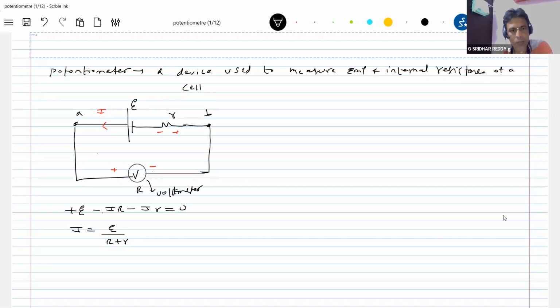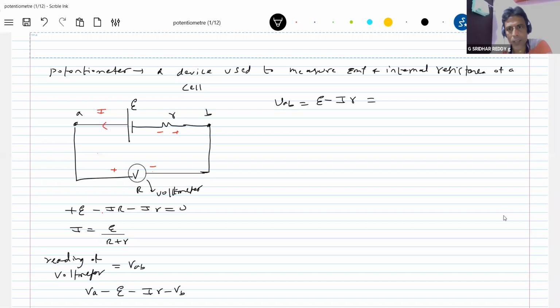Then what is the reading of the voltmeter? The reading of the voltmeter is VAB. So can we calculate VAB? By writing the loop equation, VA minus E plus Ir minus VB equals 0. So VAB is equal to the applied EMF minus I into r.